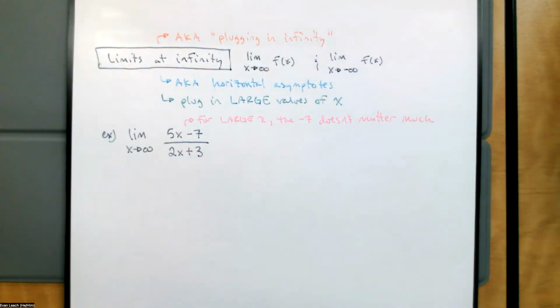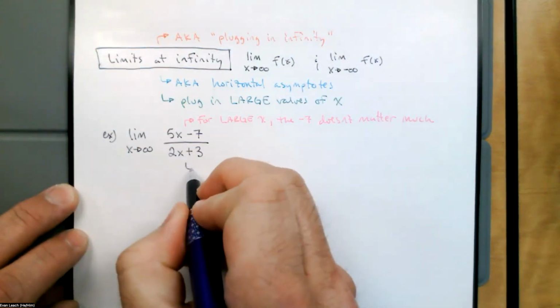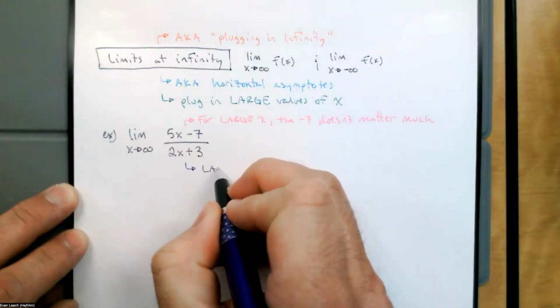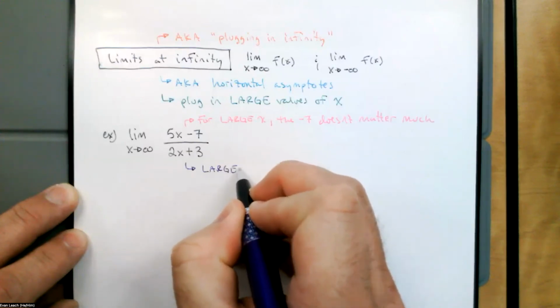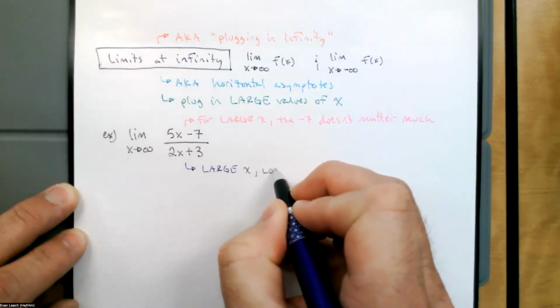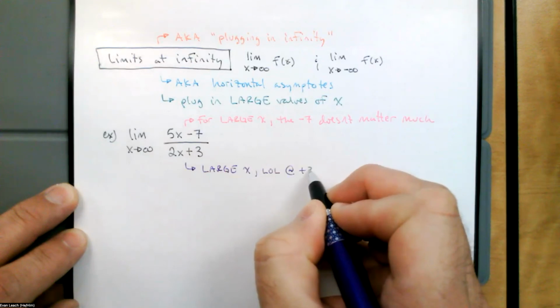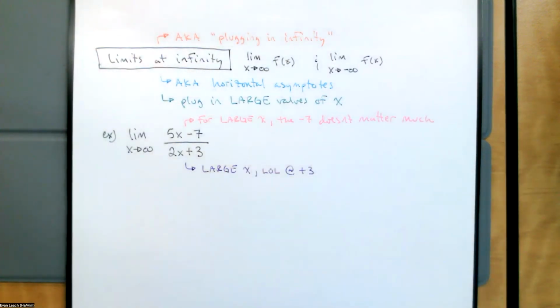On the denominator, for large values of x, similarly, the plus 3 doesn't matter. So the only thing that matters is the 5x and the 2x.